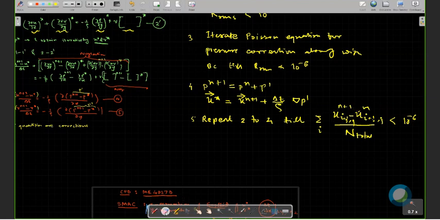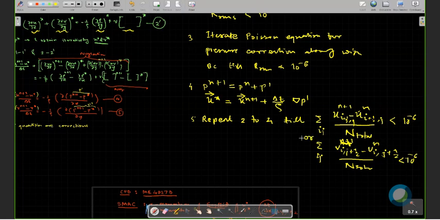The same condition you can check for v velocity: the summation over ij of v i j plus half at n plus 1 minus at n, divided by N total, should be less than 10 to the power minus 6.